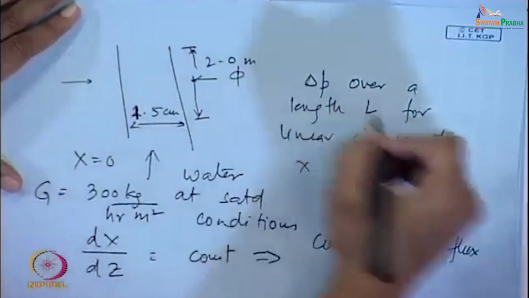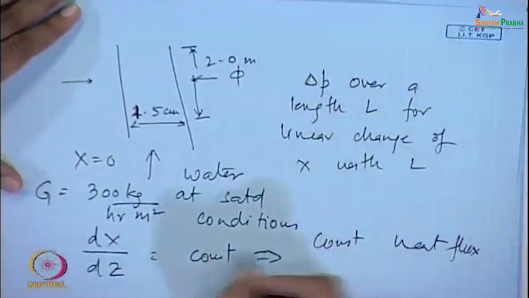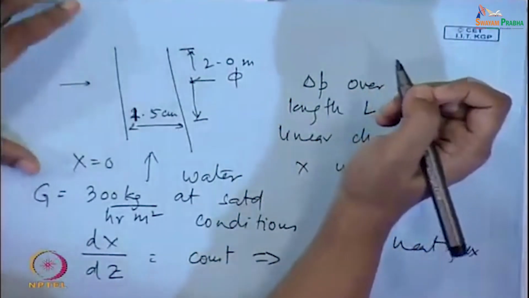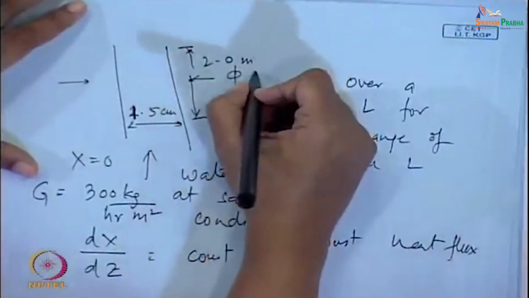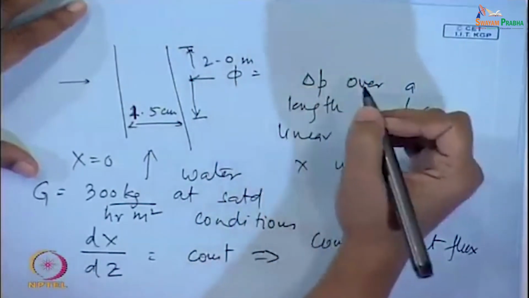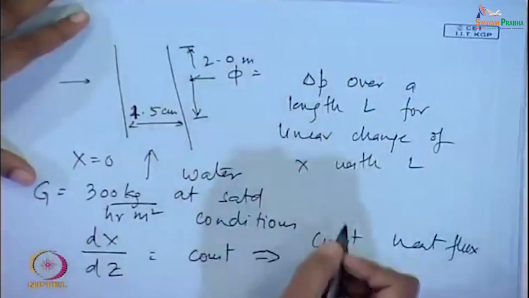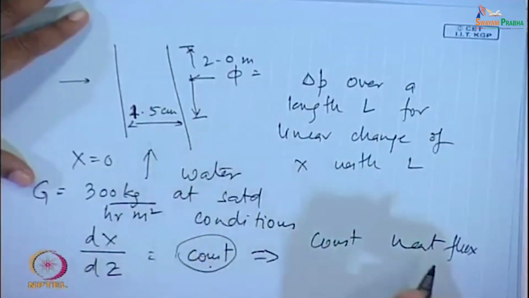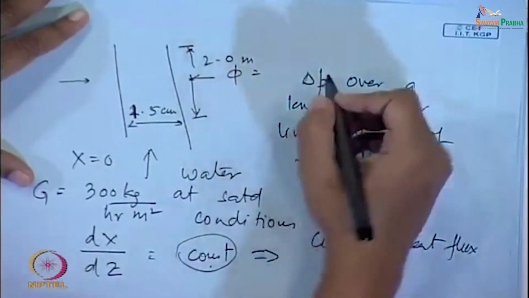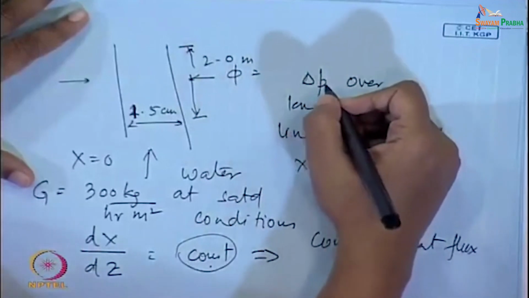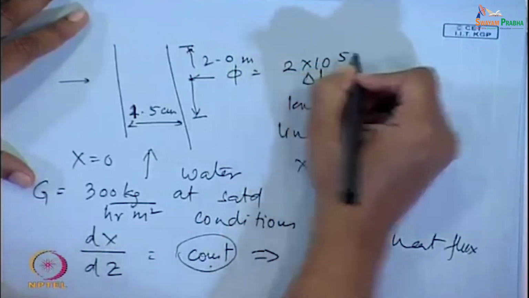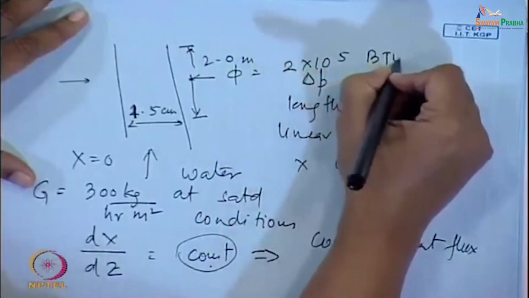And in fact, I have already told you dx/dz equals constant, and therefore, it implies a constant heat flux. Okay. If I give you the value of the constant heat flux, then you can find out this particular constant value of dx/dz, isn't it. So, the heat flux you can take as 2 into 10 to the power 5, oh, this is in BTU, I forgot to convert it.